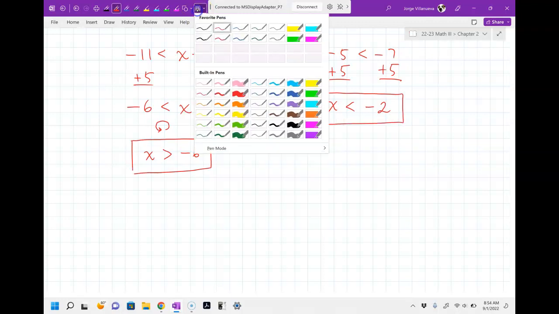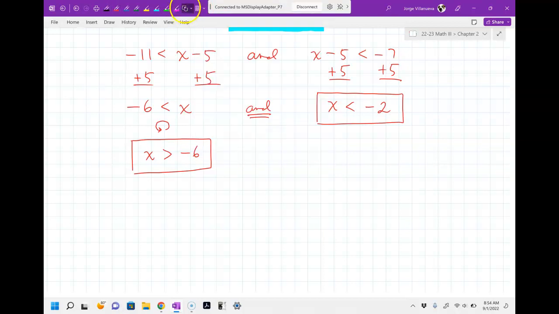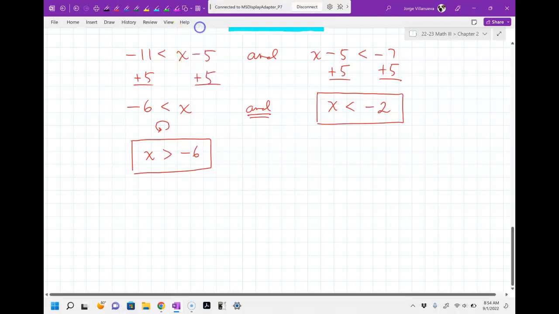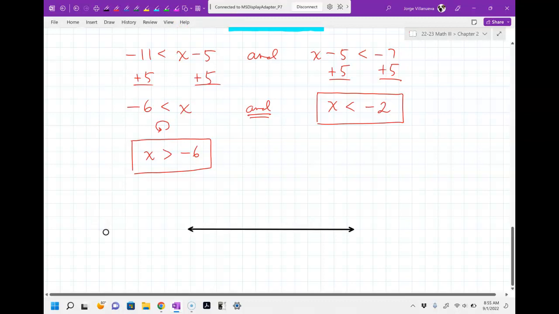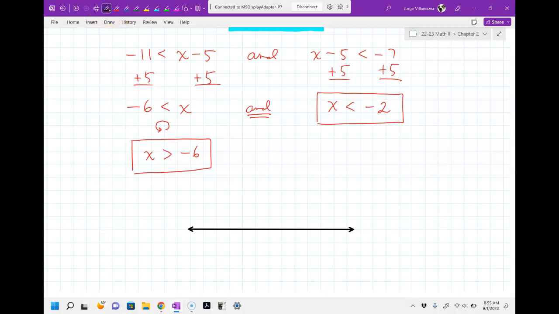Now let's go ahead and draw a number line. This is an and, right? So here we go. I need to fit a negative 2 and a negative 6 in my number line. So I'll start with my negative 6 here, negative 5, negative 4, negative 3, negative 2, negative 1, negative 7 over here.